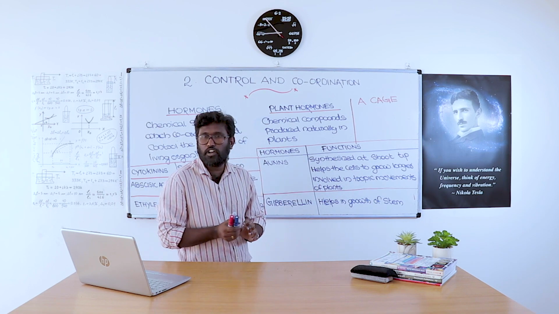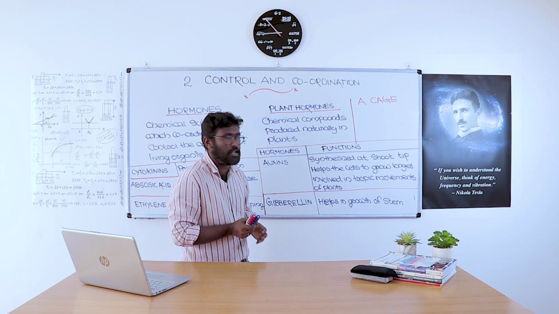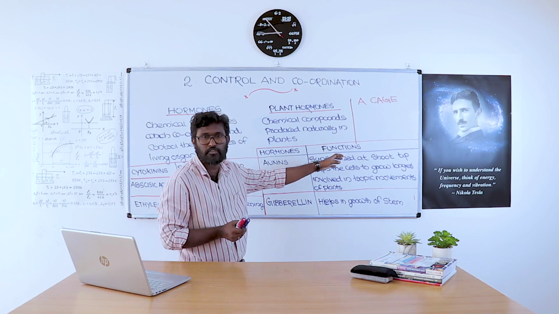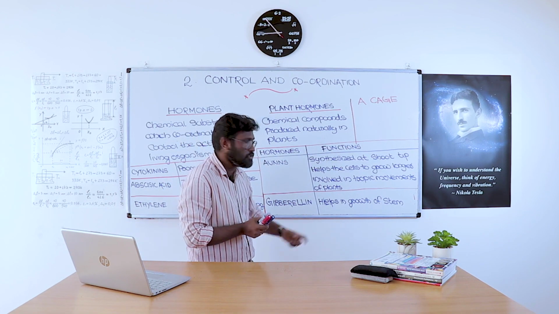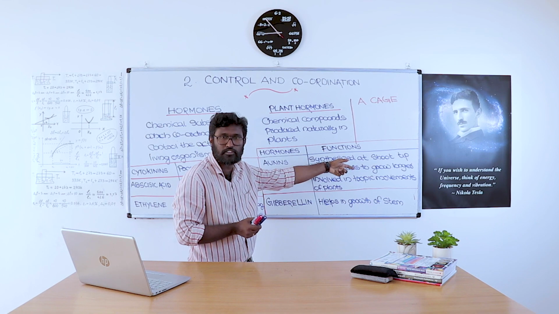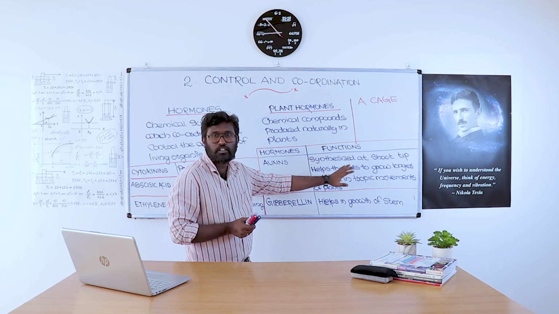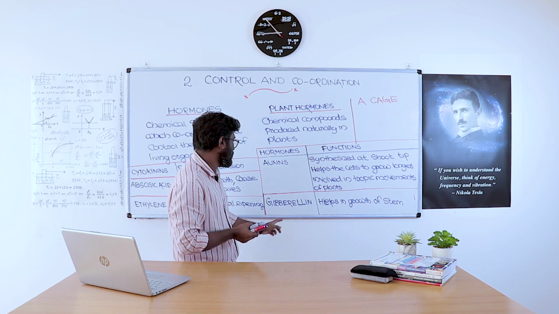Then which hormone is involved in the tropic movement of plants? Auxin is involved in the tropic movement of plants.